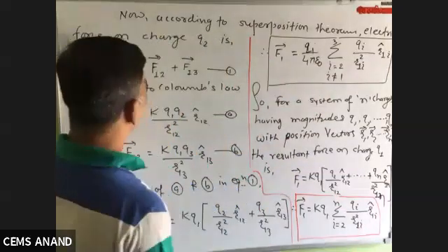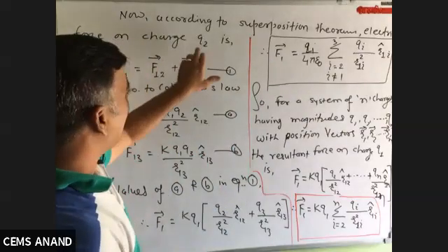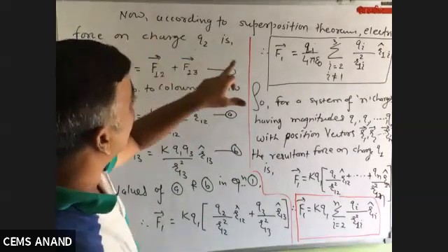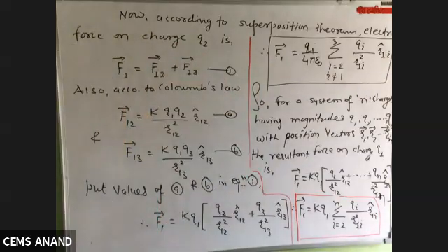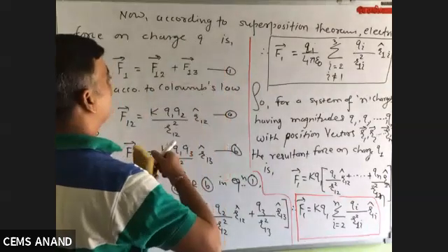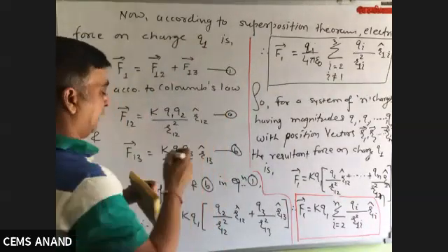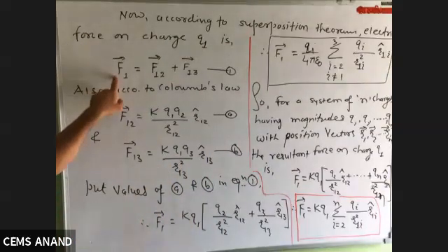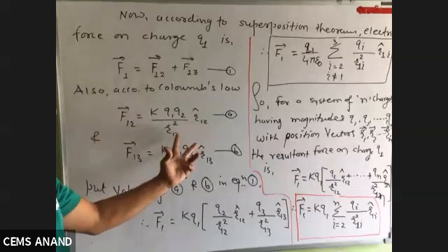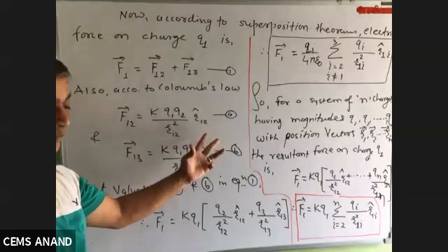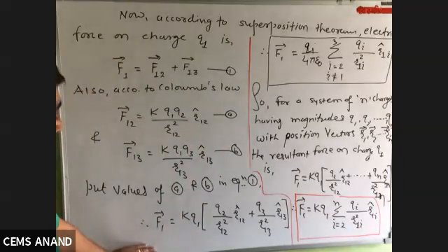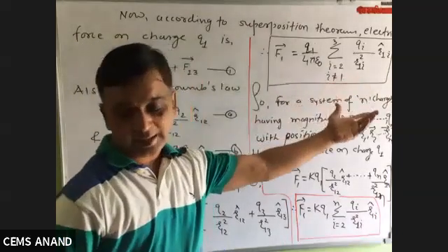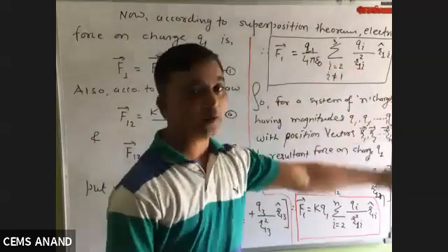And using that superposition theorem, we are finding the electric force on the charge Q1, which is equals to F12 plus F13 and so on. What is F12 according to Coulomb's law? It is like this, K Q1 Q2 over R square R12 cap, right? Then put these values in the first formula. And then we can write it just like this also, right?